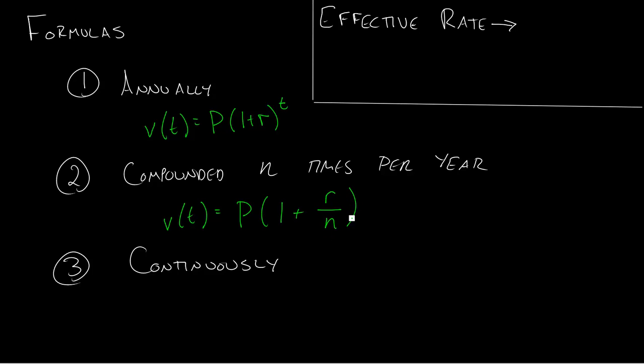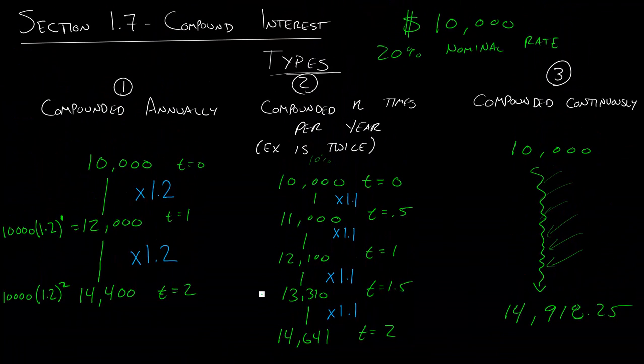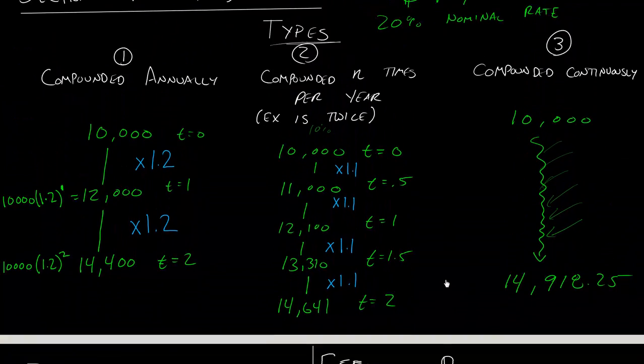And so remember, in my example, I did 20%, and I was doing it twice a year, so this was 0.2 divided by 2, and I would have had 1.1 here. And this isn't going to just be t up here, it's going to be n times t, because you're giving them that 10% multiple times per year. But when it comes down to it, you can just memorize these two formulas, but it'd be good if you had at least a little bit of knowledge of how it worked up here.